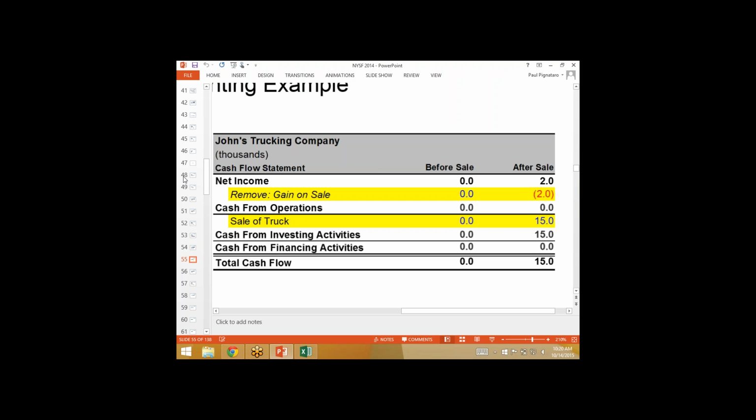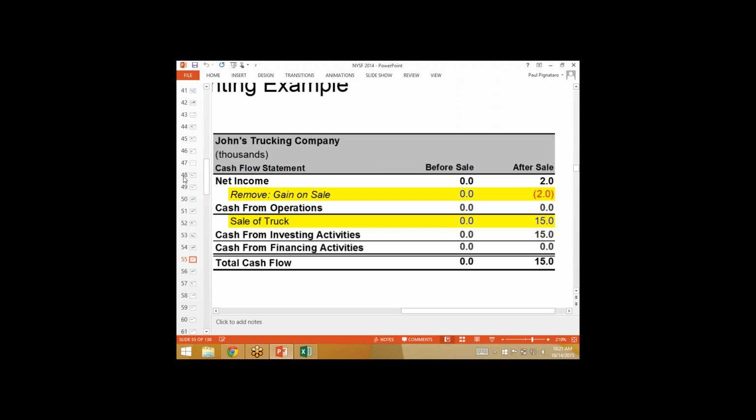If you've received $15,000 for sale of truck and your net income is higher by 2, then your total cash impact will be $17,000. But it's not $17,000. The total cash change is only $15,000. So you need to make an adjustment to adjust out that non-recurring item that you'd put in the income statement, the gain on sale. You remove it because it's non-operating in the operating activities, and you remove it so you're not double counting that gain with the cash received.